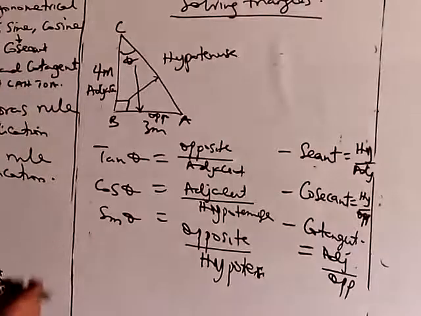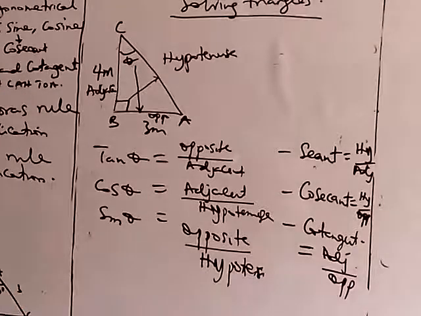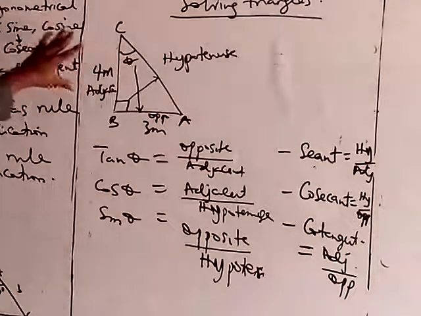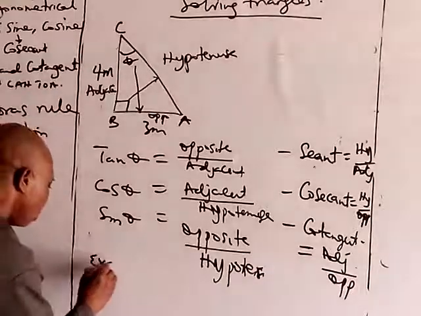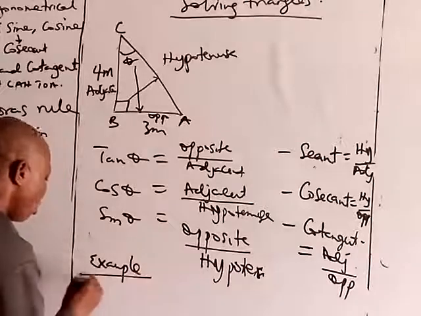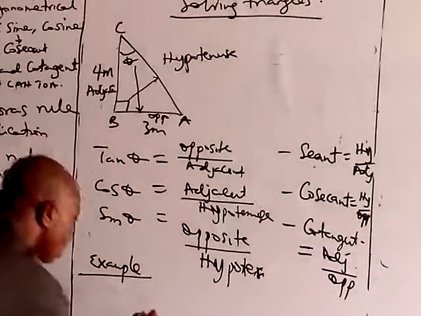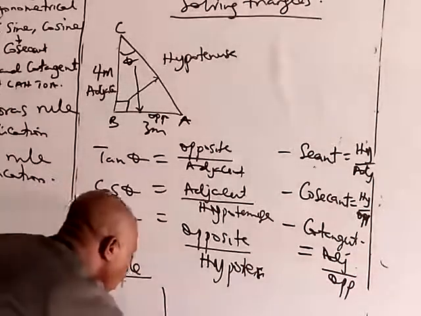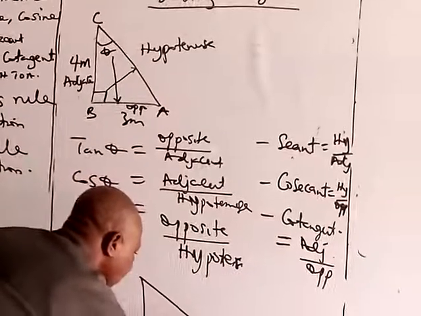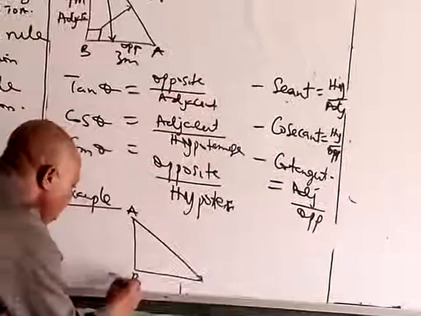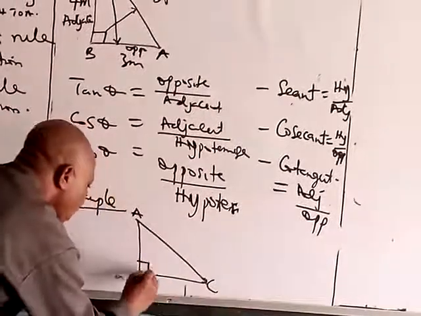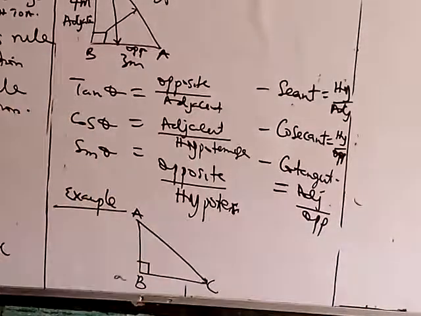Now, in solving this triangle, we are given, for example, a triangle ABC with angle B equals 90 degrees.